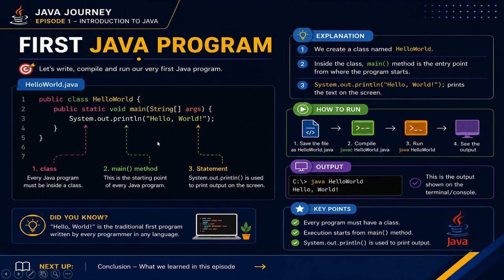The main method is the starting point of every Java application. Then we use System.out.println to print output on the console. After compiling and running the program, we get Hello World. So, congratulations, you have now written your first Java program.